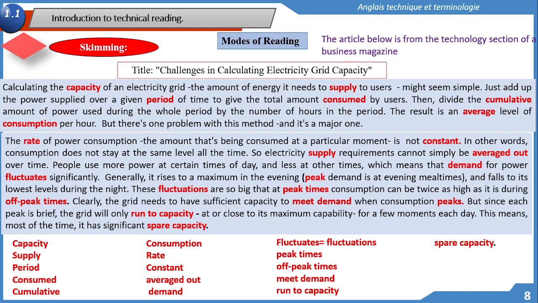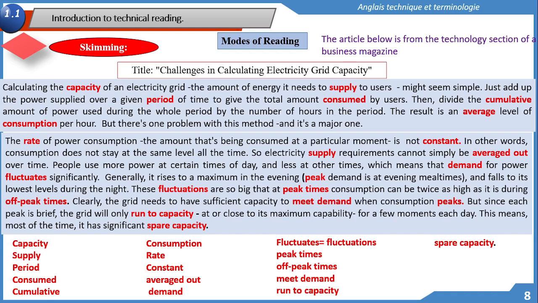So I will try to read it and then we will discuss it. Okay, so calculating the capacity of an electricity grid, the amount of energy it needs to supply to users, may seem simple.